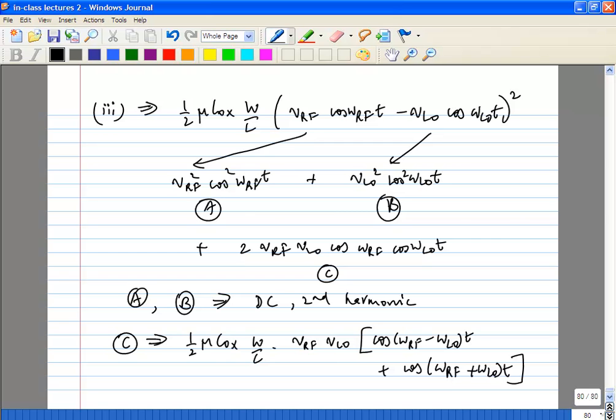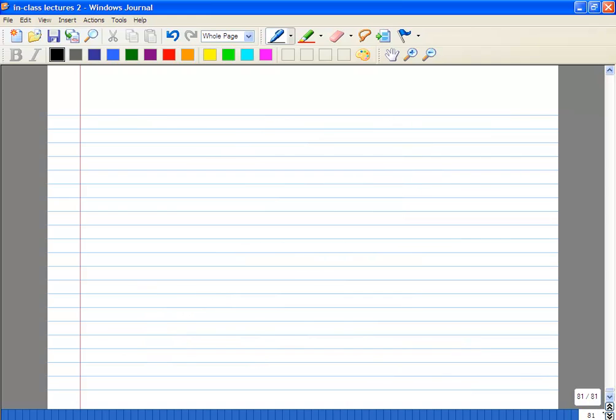So now we can calculate our conversion gain for this mixer. What is the conversion gain? Let's say one of these is the desired term. So the conversion gain is VRF VLO, half mu Cox W over L VRF VLO over VRF.